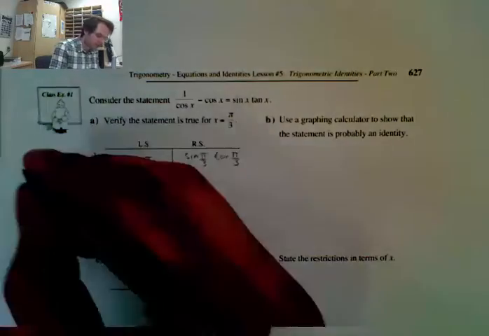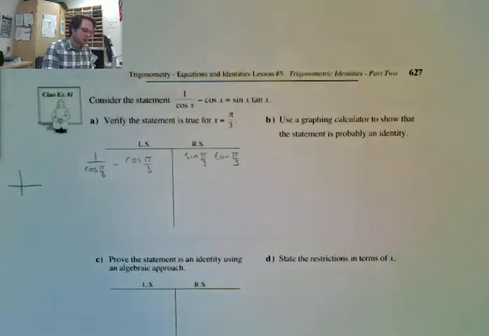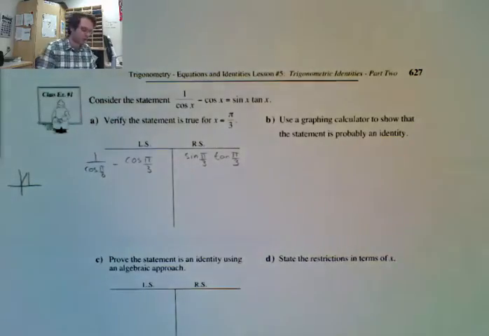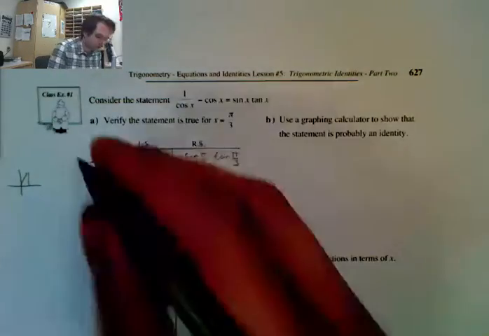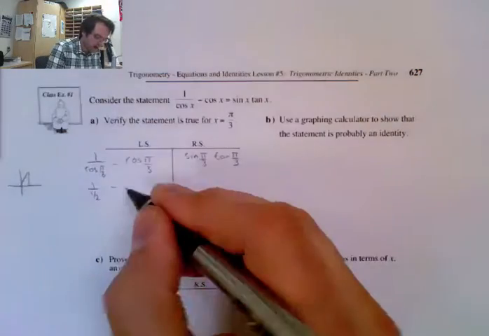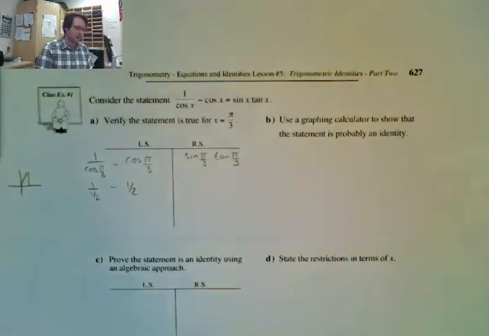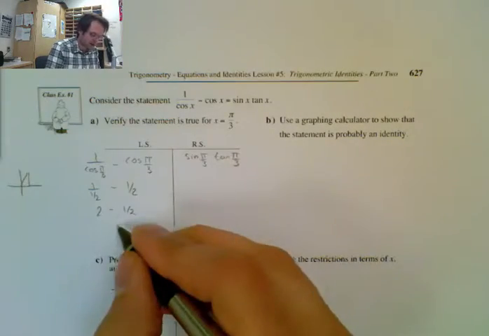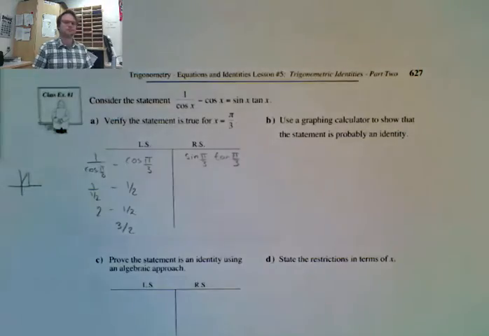Pi over 3 is the same as 60 degrees, where my sine is root 3 over 2 and my cos is 1 over 2. So the left side is 1 over 1/2, minus 1/2. That's 2 minus 1/2, which is 3 over 2.